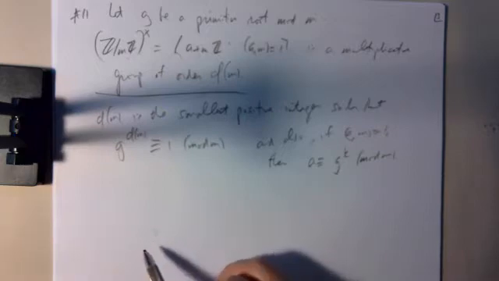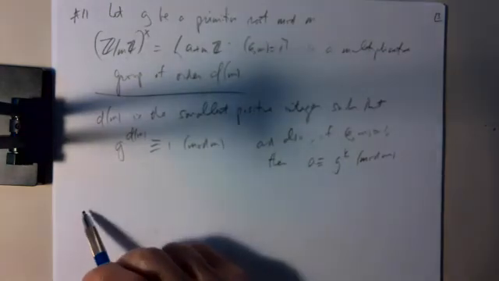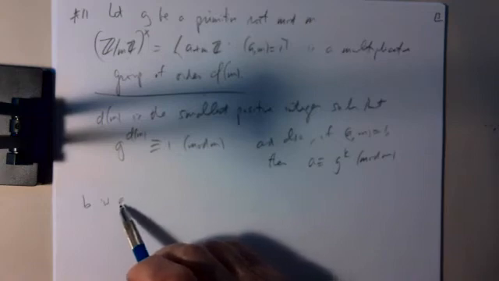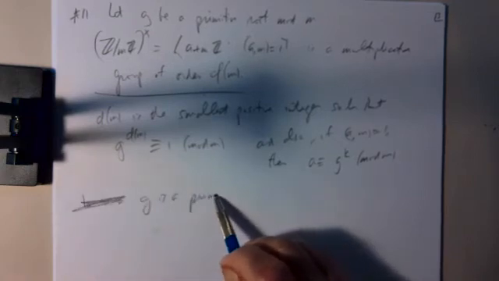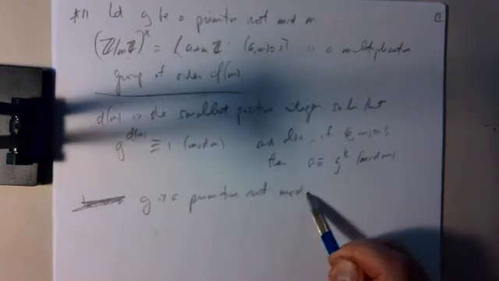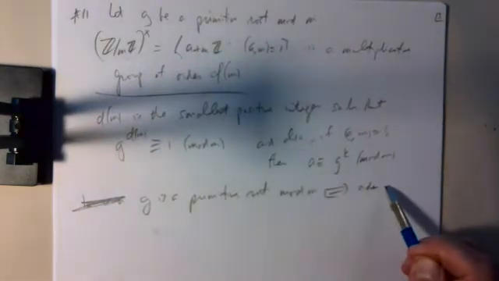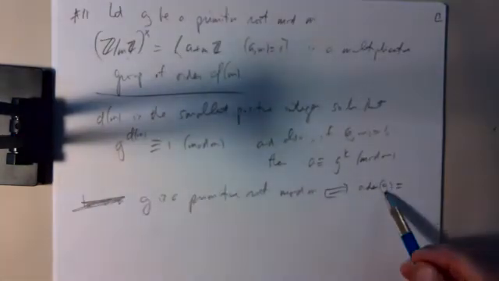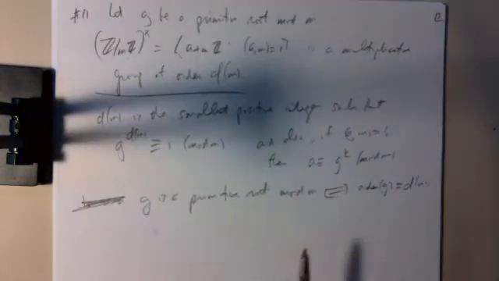Another way to describe a primitive root is as follows. In general, g is a primitive root mod m if and only if the order of g mod m, that is the smallest positive power of g equal to 1, is phi of m.